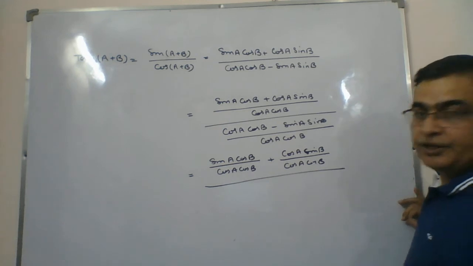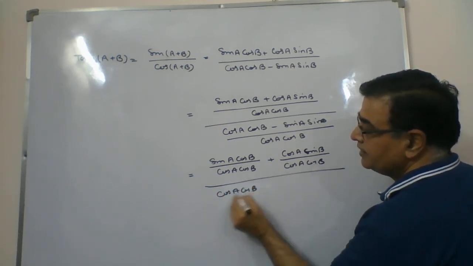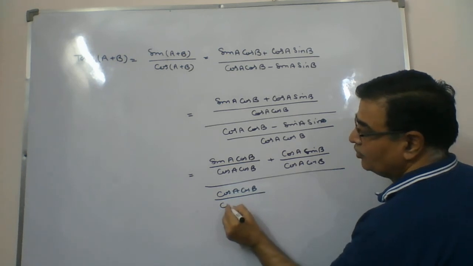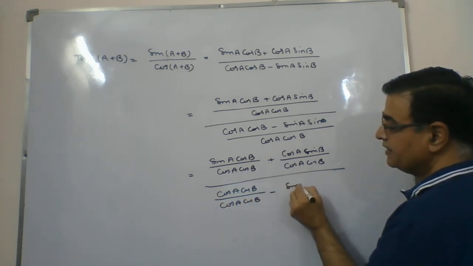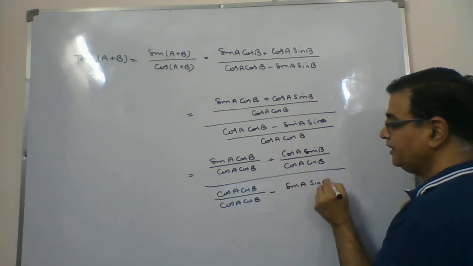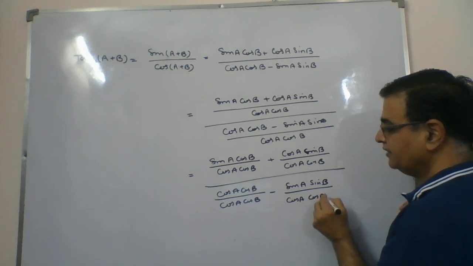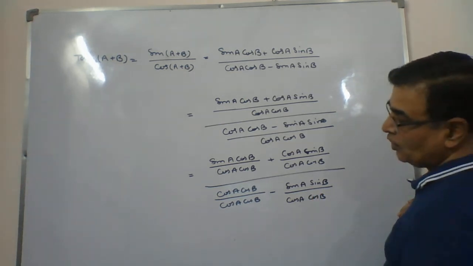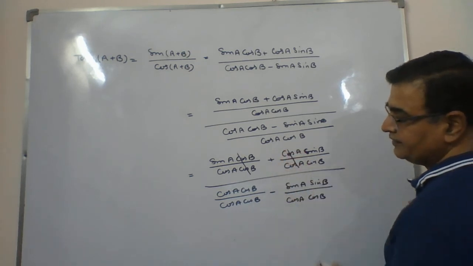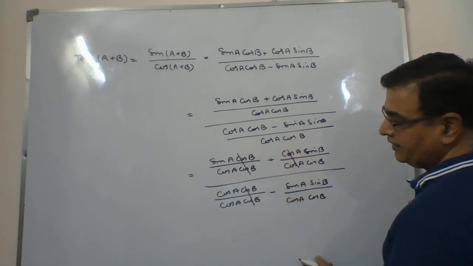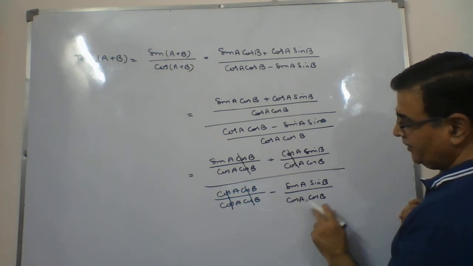Same way in the denominator, cos a cos b by cos a cos b minus sin a sin b by cos a cos b. Now when you solve it, this cos b gets cancelled out. Here cos a gets cancelled out. Here cos b gets cancelled out, cos a gone. Here it will be sin a by cos a.